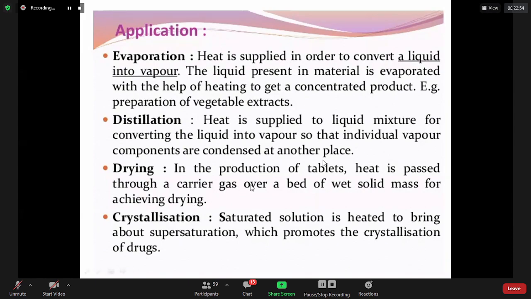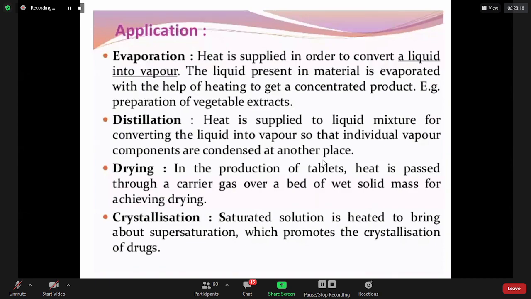You also do it in crystallization. When you have a saturated solution, the solution is heated to bring about supersaturation, where you cannot dissolve any more solid. This will promote crystallization, and you can filter.